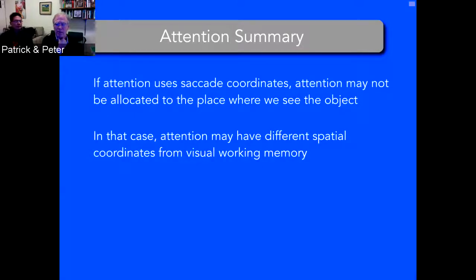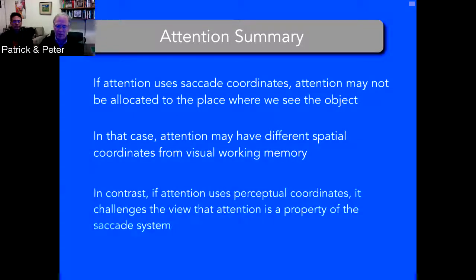So there are a lot of possible openings for deep and interesting questions about attention and how it works and with whom it is working. Okay, so we stop there. Well, we don't have any evidence that attention uses perceptual coordinates.